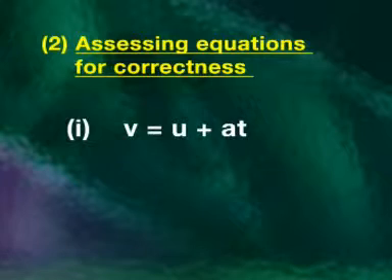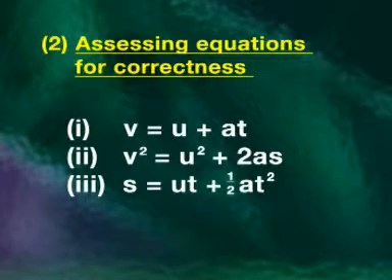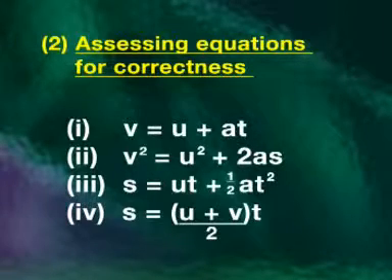V equals U plus AT. 2. V squared equals U squared plus 2AS. 3. S equals UT plus half AT squared. And 4.